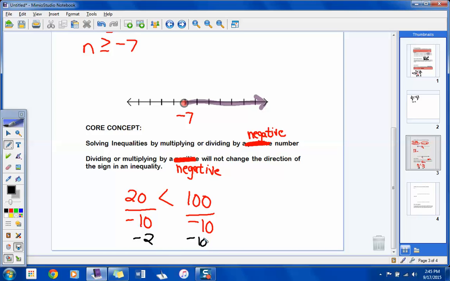Don't you get negative 10? Comparison there. Which value is bigger? Negative 2 is bigger. So guys, in the process of dividing by a negative, what happened to the direction of the sign compared to the way the original comparison was written?